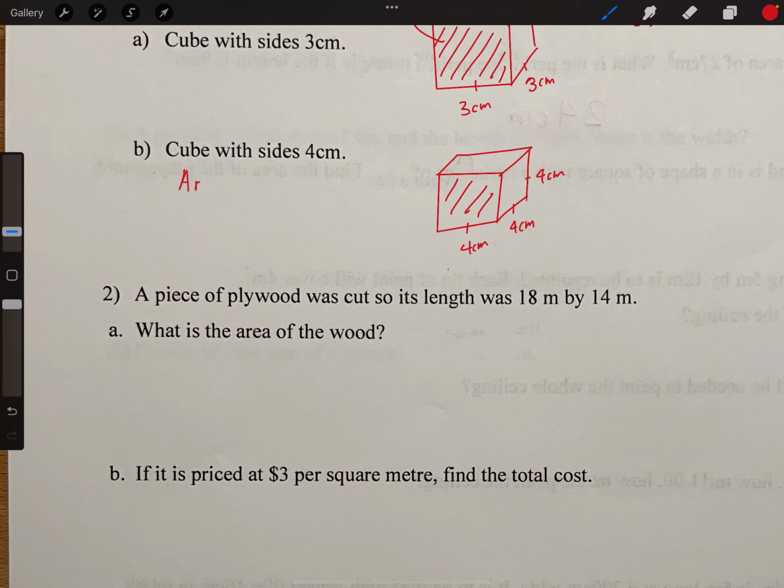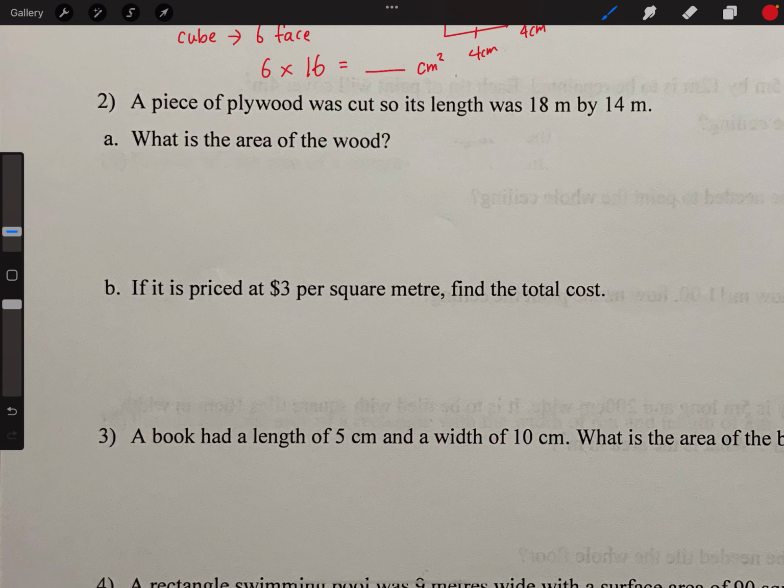Area of one face is equal to 4 times 4, which equals 16. So a cube has 6 faces. So 6 times 16, and you can find the answer there. And you have to put the answer in centimeters squared.